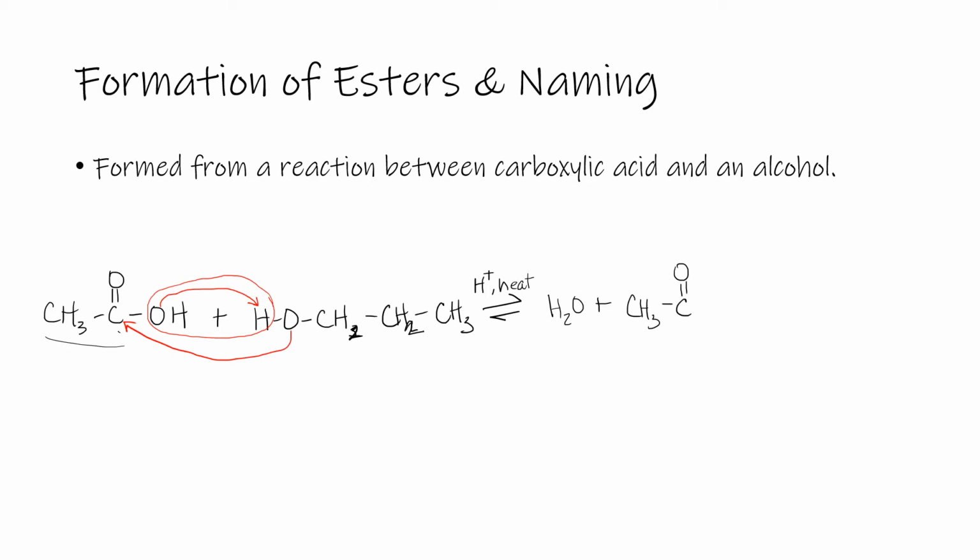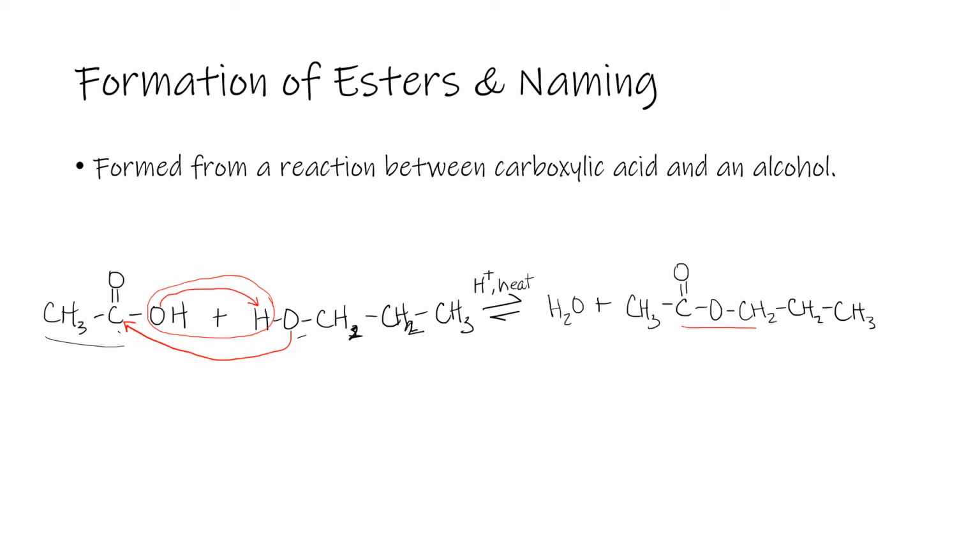And that carbonyl carbon is now bonding to the oxygen in our alcohol. So there's an oxygen, and then that oxygen in the alcohol is bonding to a CH2, CH2, CH3. So it just tags along everything else that it is bonded to. And so here we have that ester formed, and you can see right in here is our ester functional group, that carbonyl oxygen carbon bond. So that is an ester.